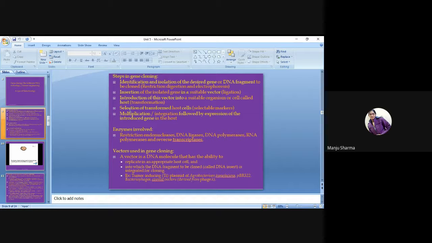Enzymes involved: restriction endonuclease, DNA ligase, DNA polymerase, RNA polymerase, and reverse transcriptase.